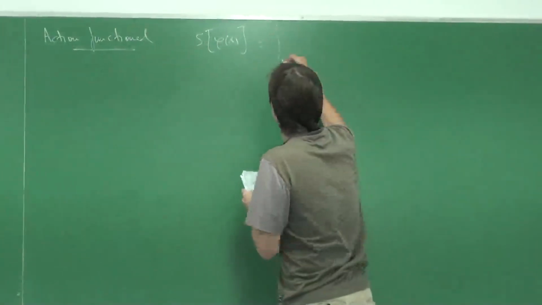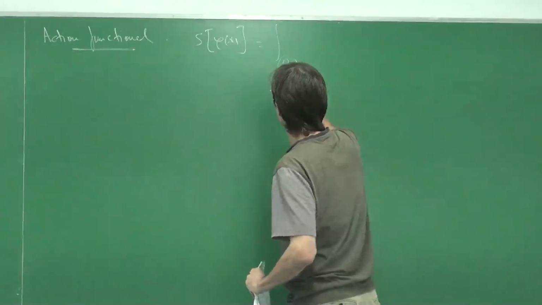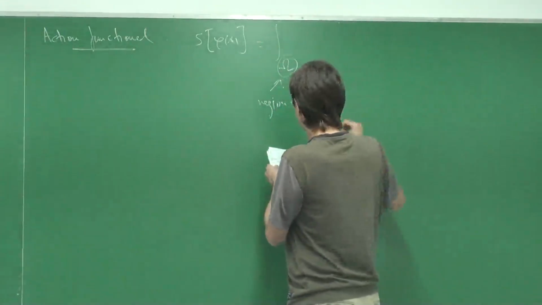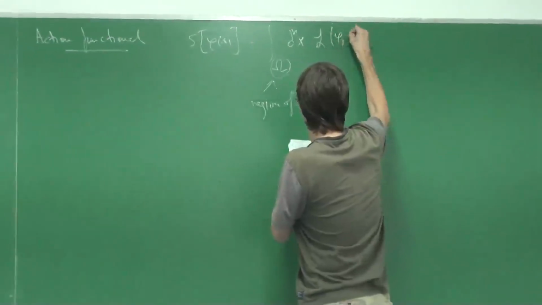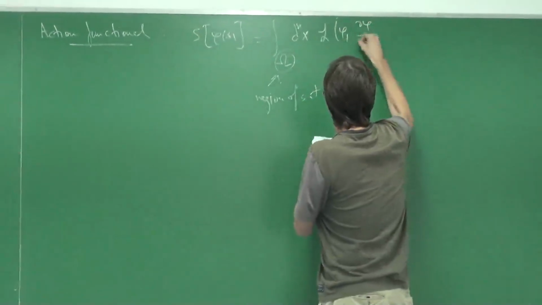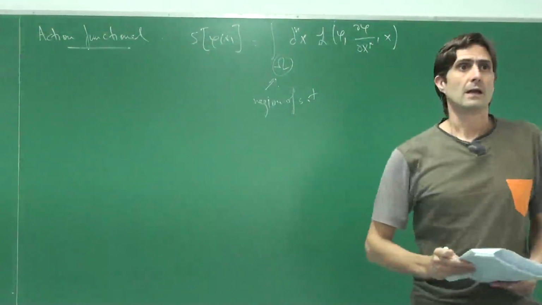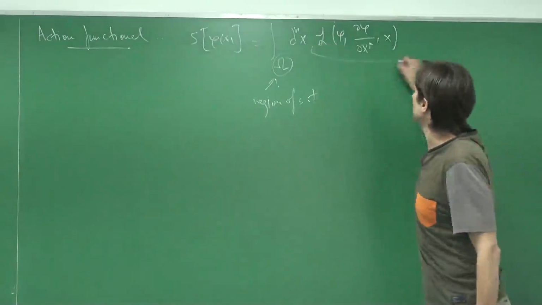And this is an integral over some region. This omega is a region of space-time, and L, this curly L, is your Lagrangian density.